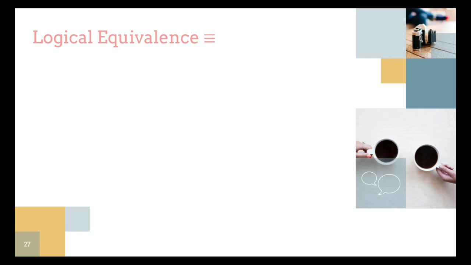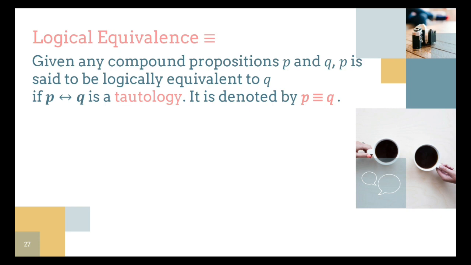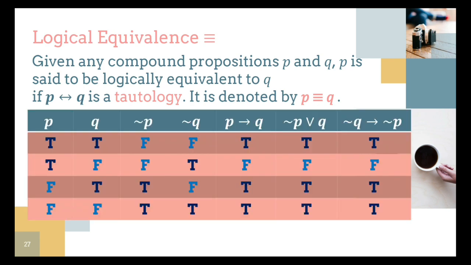Logical equivalence. For logical equivalence, we have that symbol, three lines. Given any compound propositions P and Q, P is said to be logically equivalent to Q if the biconditional P if and only if Q is a tautology. It is denoted by this. Let's take a look at this example.